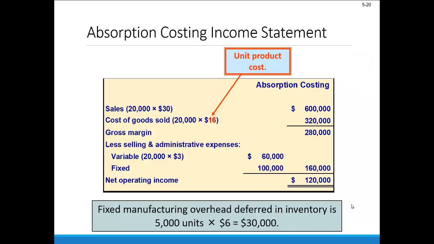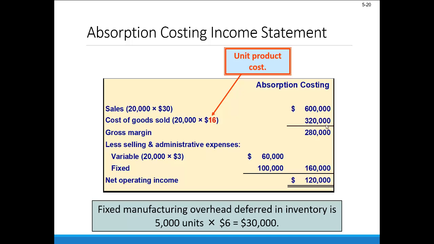Now let's look at the income statement under absorption costing. Typically we would use sort of that traditional format income statement, maybe a little better fit for us, grouping costs by function rather than behavior. So as we said, sales are no different, 600,000 in total. Now cost of goods sold is going to be the 20,000 units we sold times that $16 unit product cost under absorption costing, which if you recall included some of the fixed manufacturing overhead.